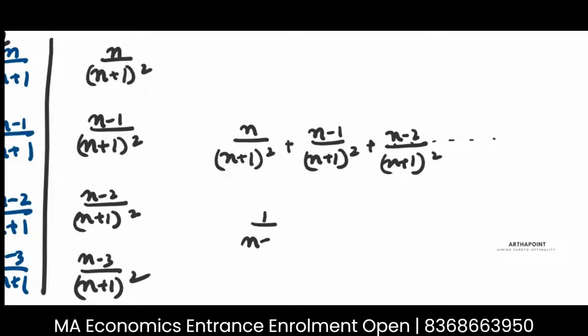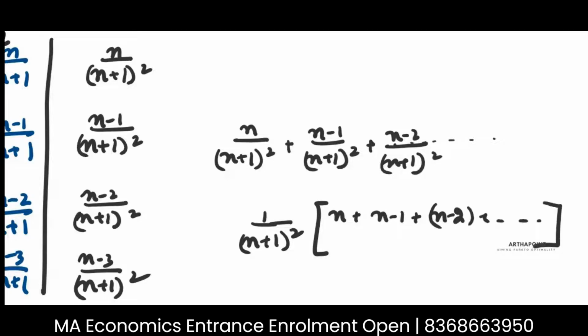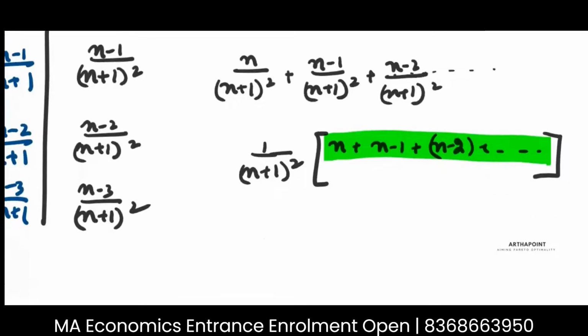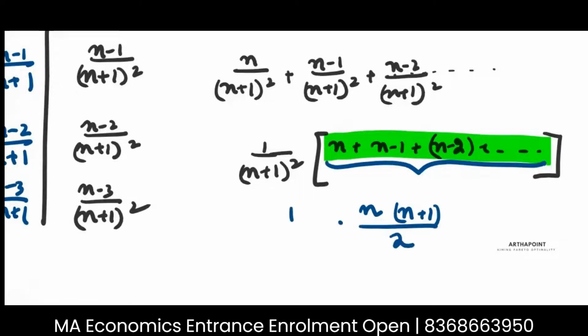I can take 1 upon 1 plus n whole square common, and what will I get? I will get n plus n minus 1 plus n minus 2, and so on. But isn't this the sum of first n natural numbers? And we know that the sum of first n natural numbers is n into n plus 1 by 2, into 1 upon n plus 1 whole square.